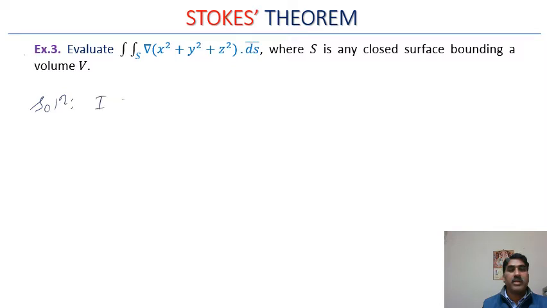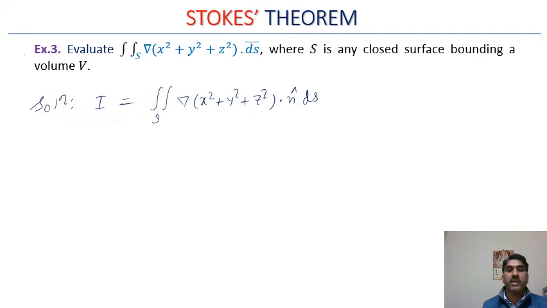Let I be equal to the double integral over S of del of x square plus y square plus z square, and ds. This ds vector is written as n ds. So Gauss theorem enables us to write this in terms of a volume integral.